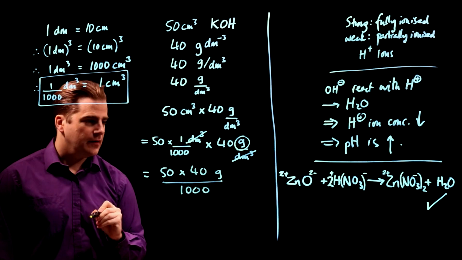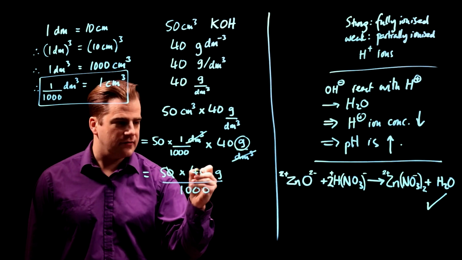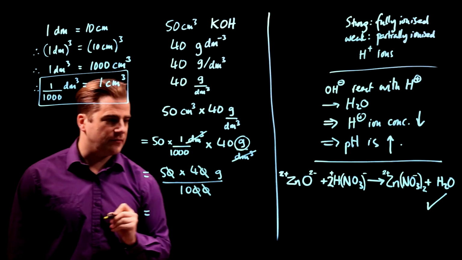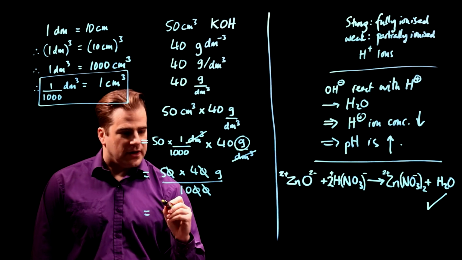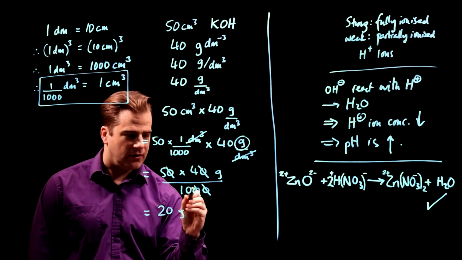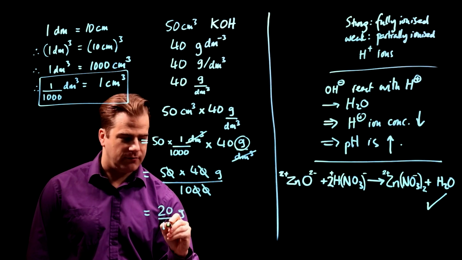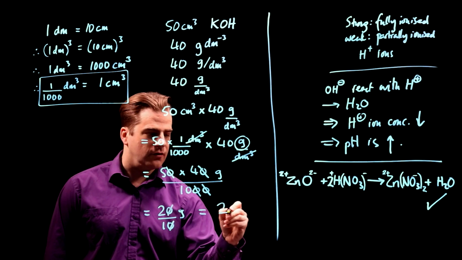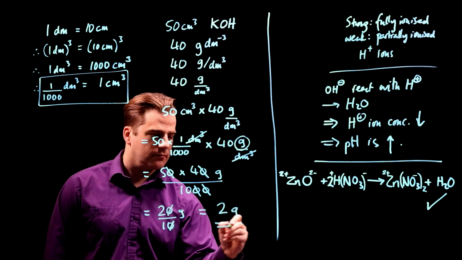Okay? Do a bit of cancelling. 0, 0, 0, 0, which is equal to 5 times 4, which is 20. Still got grams. Over 10 on the bottom. Boom, boom. So that's equal to 2 grams. Okay?